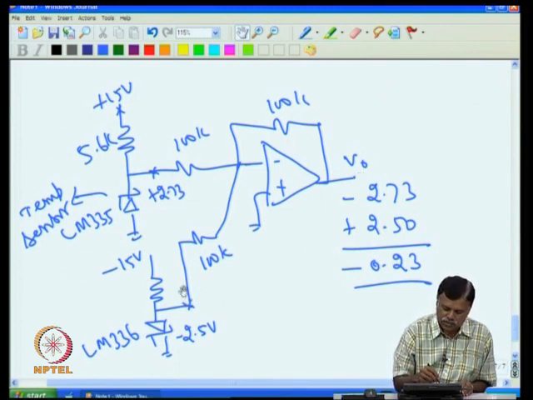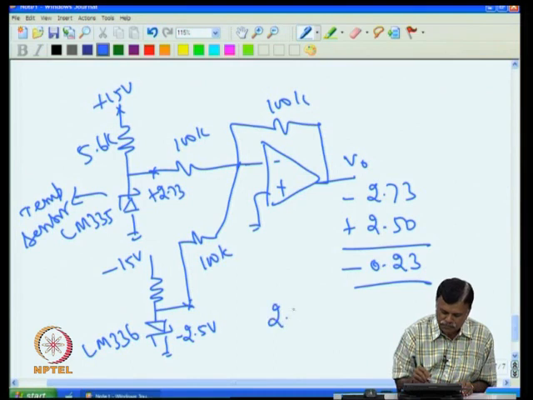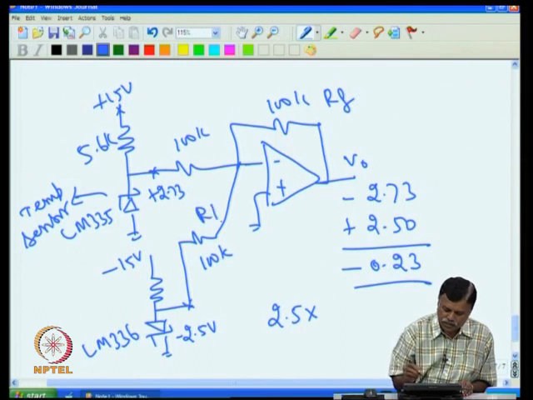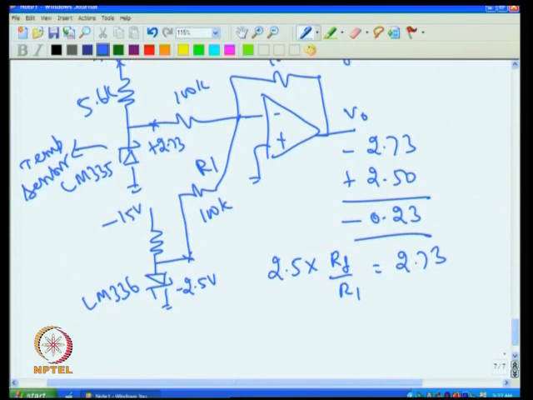So I have to reduce this resistance from 100K. How much do I reduce? What is required is that the voltage of this 2.5 times RF by R1 should give me 2.73. Now if I take RF as 100K, then 2.5 times 100K divided by R1 has to give me 2.73 volt.